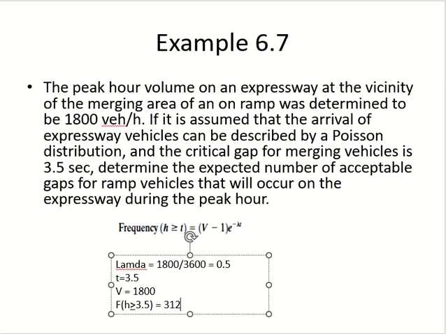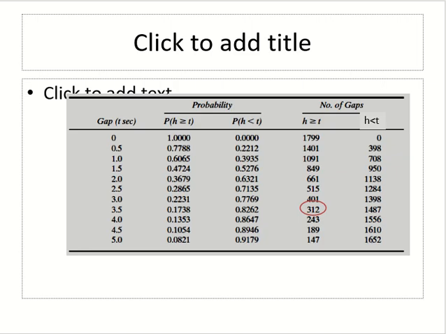When this flow goes less, there could be more vehicles who can enter, because they will find more gaps then. This is what they have done: they prepared an entire table with all the values. 3.5 is here, our number is correct.